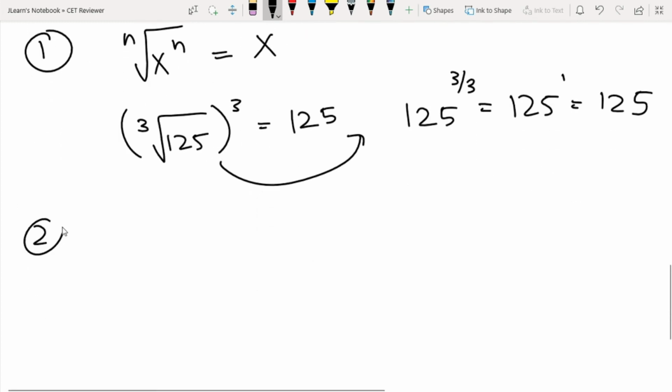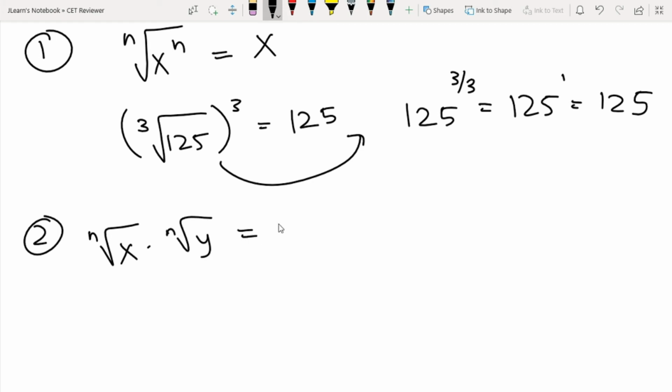Second law natin is, if you have nth root of x times nth root of y, you can simply multiply them, no? Magiging nth root of xy. So, for example, you have the square root of 6 times the square root of 12.